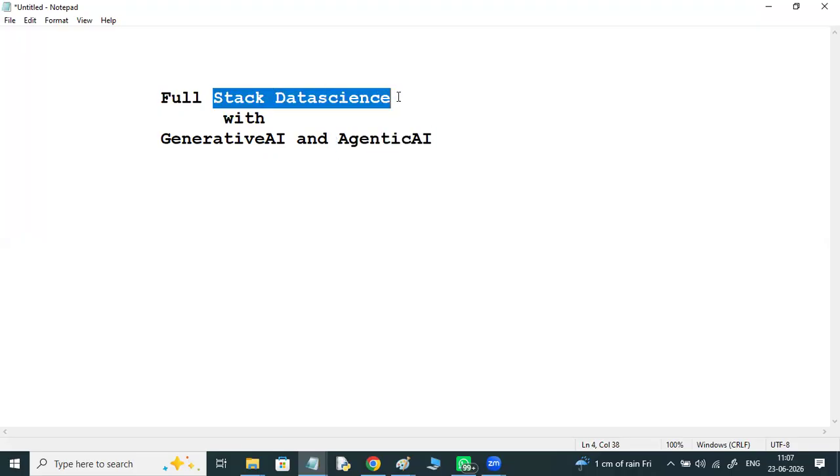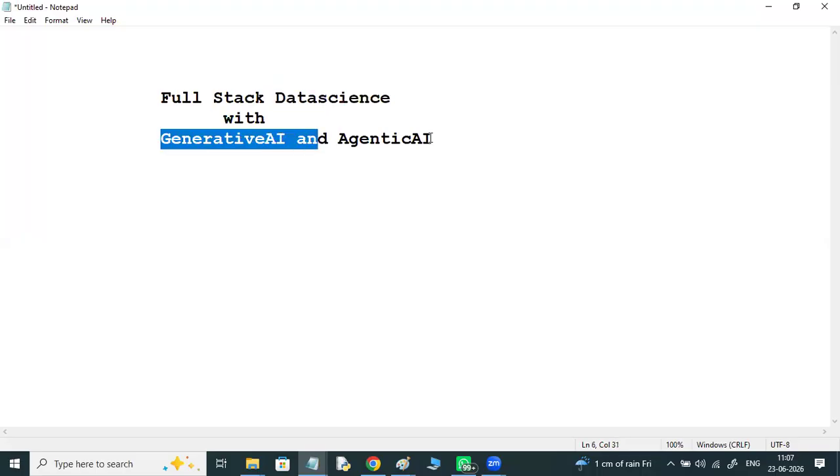In the case of data science, we'll be discussing starting from statistics, machine learning, deep learning, NLP, natural language processing, time series analysis, and coming to generative and agentic AI.